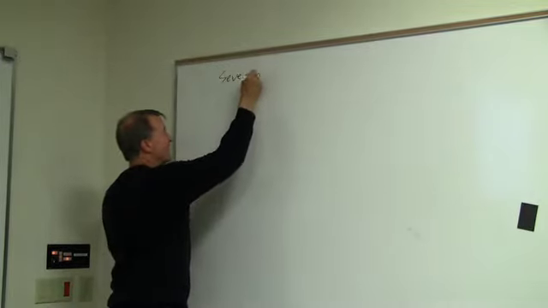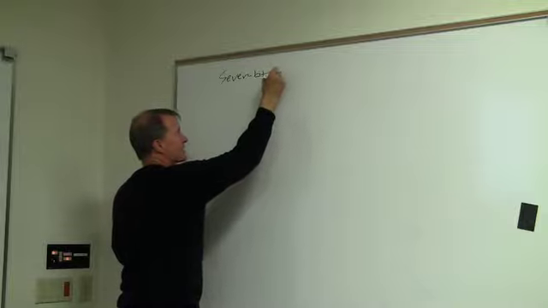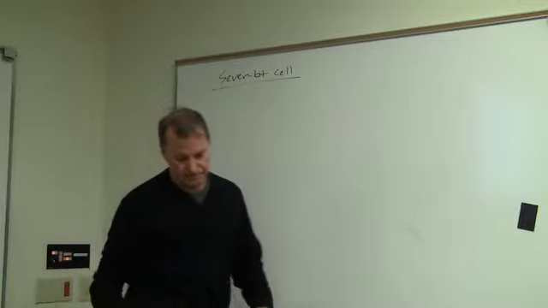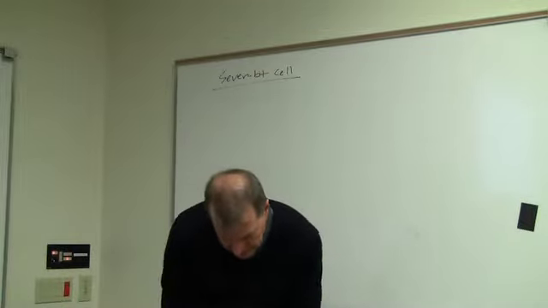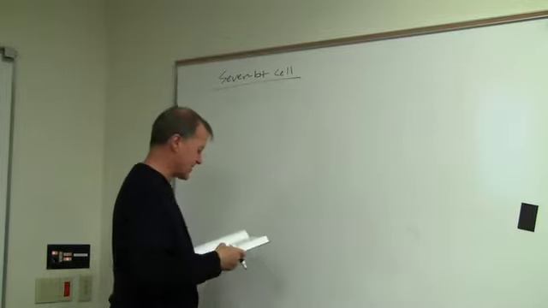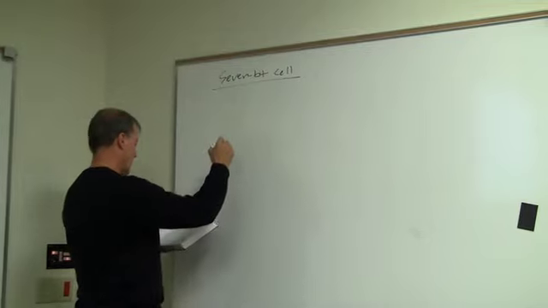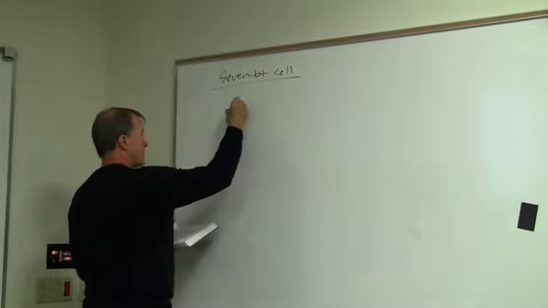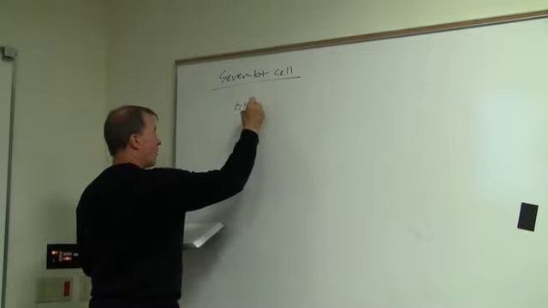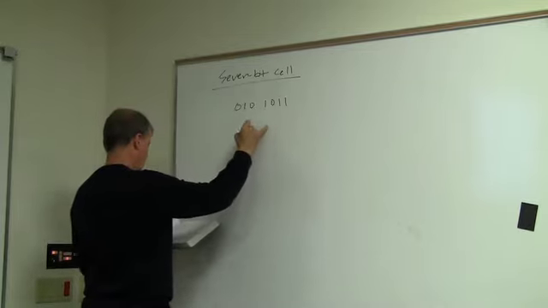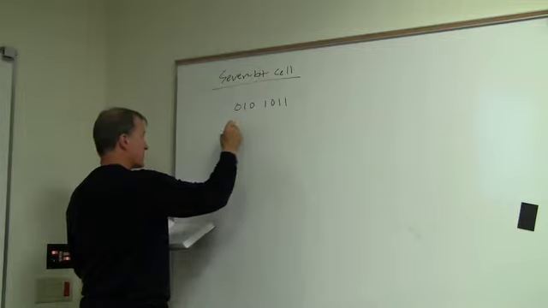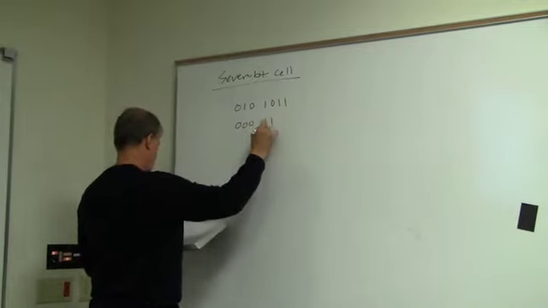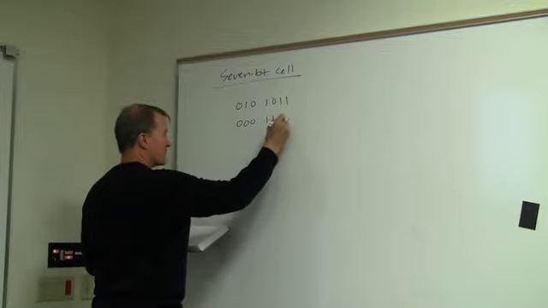We're going to have a 7-bit cell, and we're going to do a bunch of these additions and draw some conclusions. The first thing we'll do is add 0, 1, 0, 0, 1, 0, 1, 0, 1, 1, and we will add 0, 0, 0, 1, 1, 0, 0, 1, 1, 1, 0.